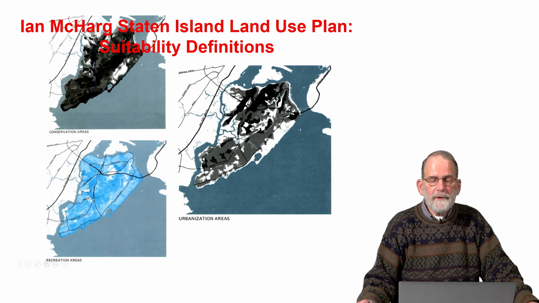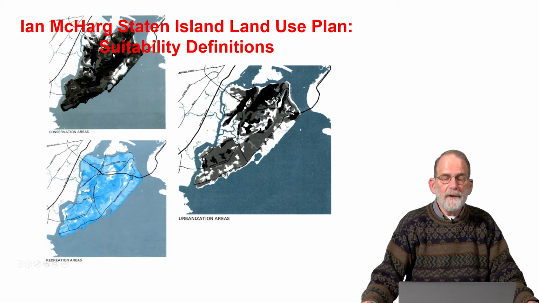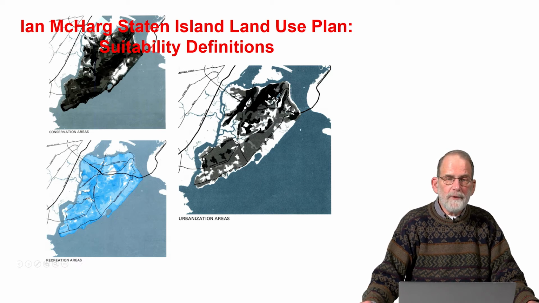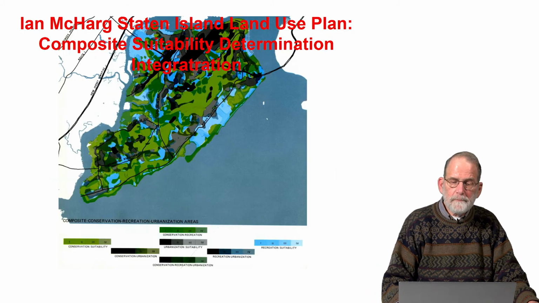So planners and decision makers then could understand the characteristics of the landscape and how well suited they were for urbanization versus conservation versus recreation, and make decisions about, for example, locating new urban areas based upon the collective suitabilities for conservation, recreation, and urbanization.